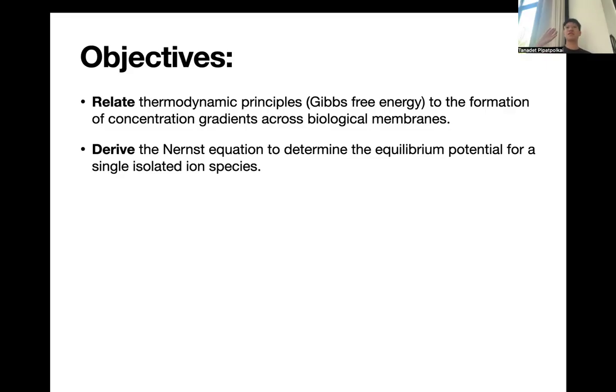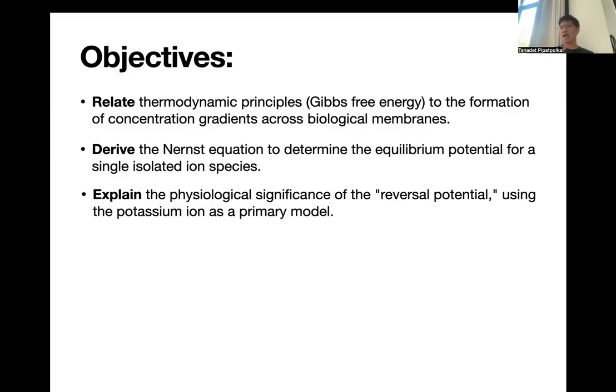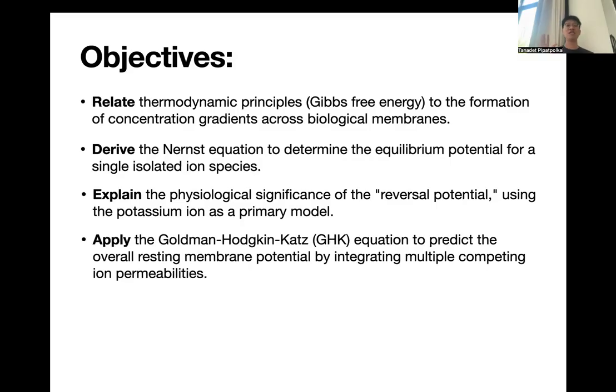So what will be the potential difference across the bilayer when you have just one single ion species, and why is that specific potential very important in the context of potassium ion? Biology is not just about potassium, it's about sodium and chloride as well. So we'll think about how we can apply the Goldman-Hodgkin-Katz equation to predict the overall resting membrane potential by looking at multiple competing ions and their different permeabilities across the membrane.